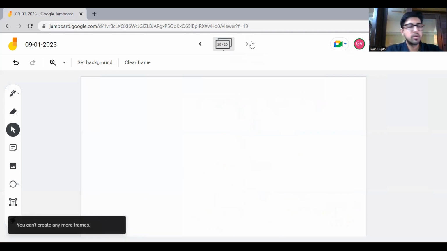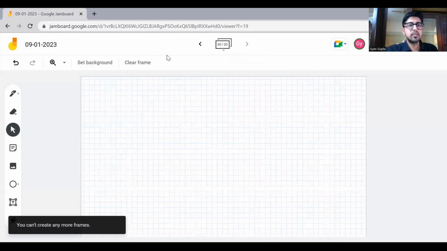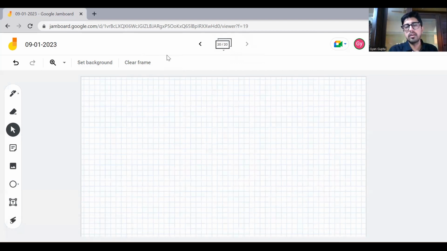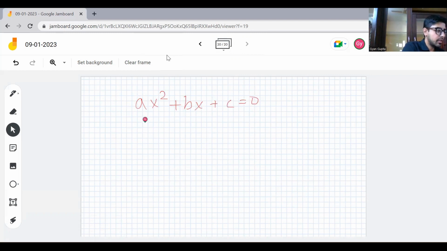I hope that we are clear with most of the concepts so far. Just setting the last page of this as our refresher. Ax square plus bx plus c is equal to 0 is a quadratic equation. A is not equal to 0. A, b, and c belong to real numbers.